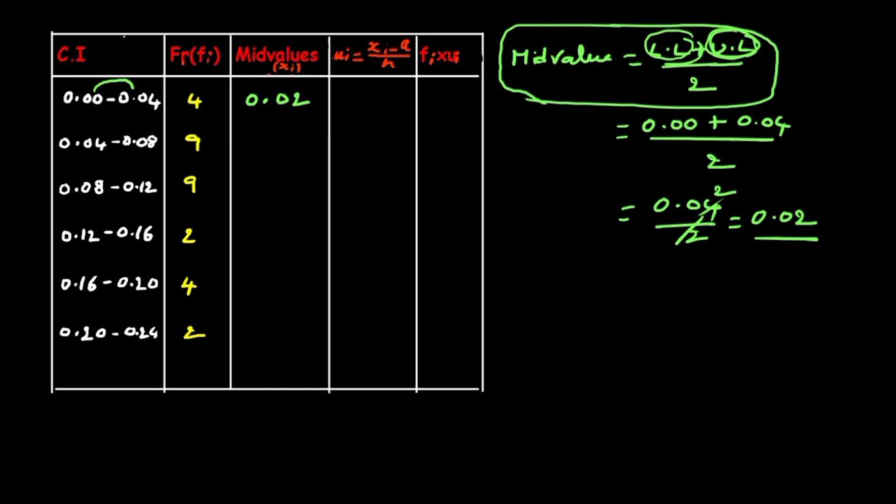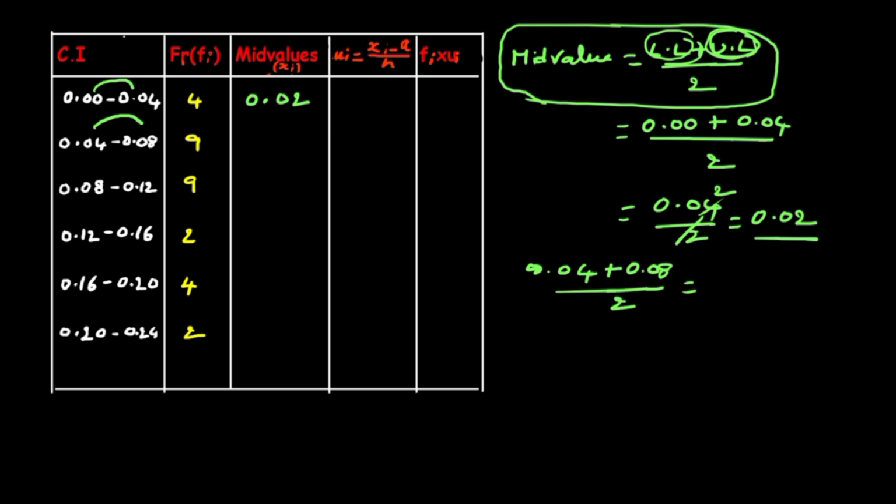Now we can find this other class: the average of the lower limit and upper limit is called the mid value. What is another name for the mid values? That is class marks. So 0.04 plus 0.08, divided by 2.